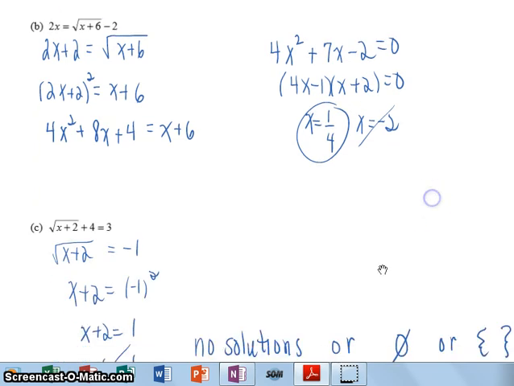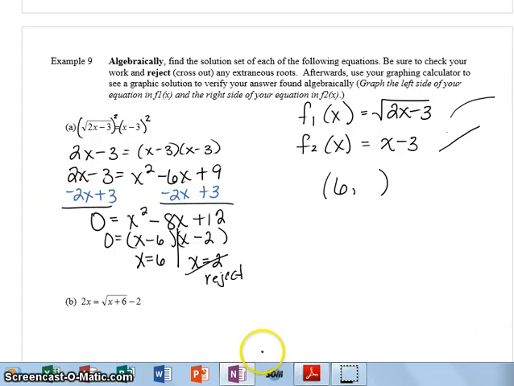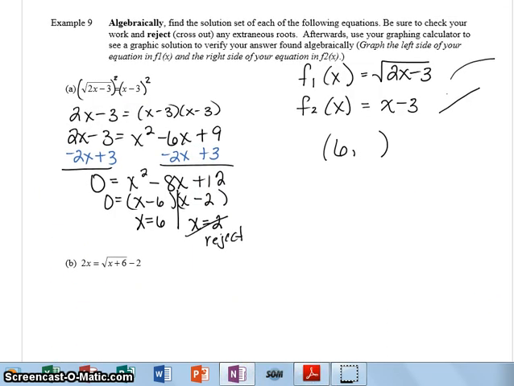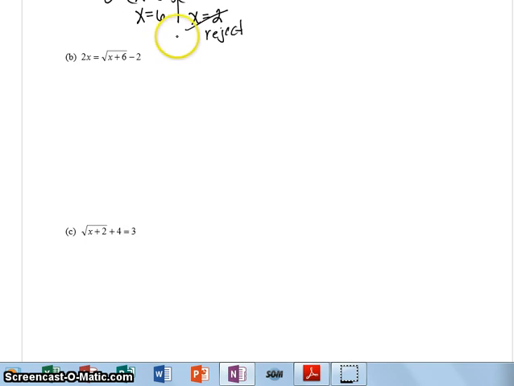Okay. All right. So now going back here to part B. Again, you got to isolate your square root. So I'm going to add 2 to both sides. And remember, guys, on this side, those don't combine because one has an x and one doesn't. So I get 2x plus 2 equals the square root of x plus 6. Now that I have that square root isolated, I could square both sides.